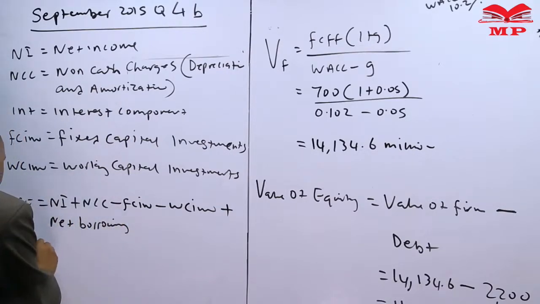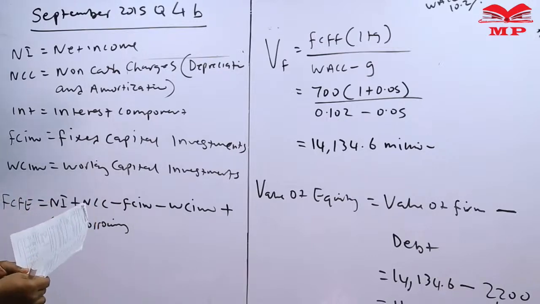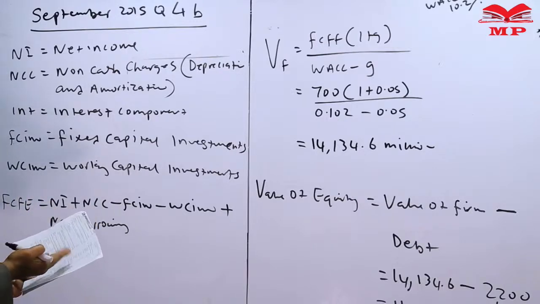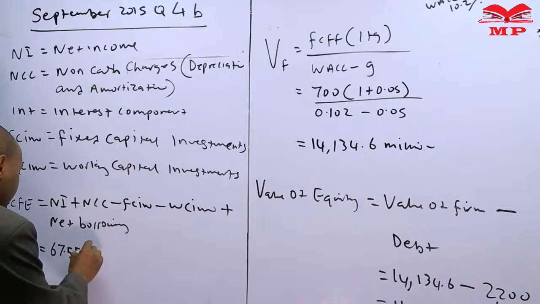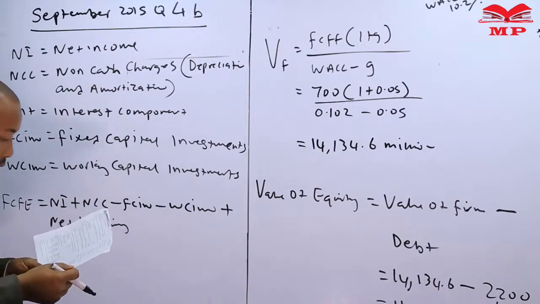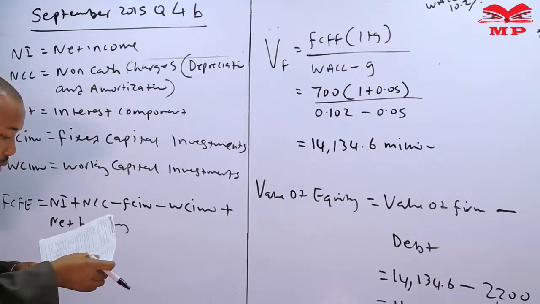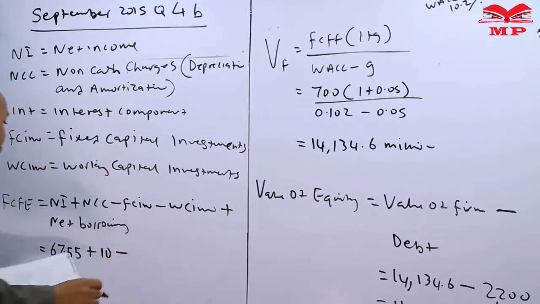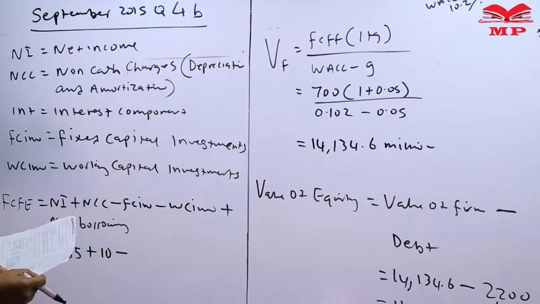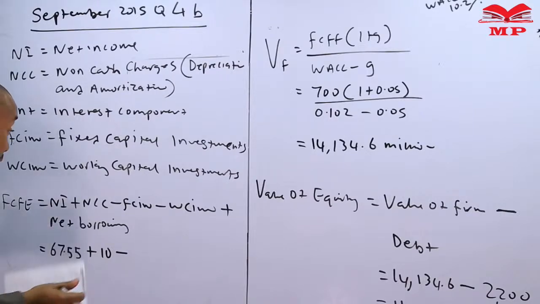So plug in the inputs. We need to look at whether all the inputs have been given to us. The net income there is 67.55, plus non-cash charges, any depreciation and amortization. Yes, you can see a depreciation charge of 10 million there. Then you minus fixed capital investments, which represent capital expenditures. You can see the 20 million there.